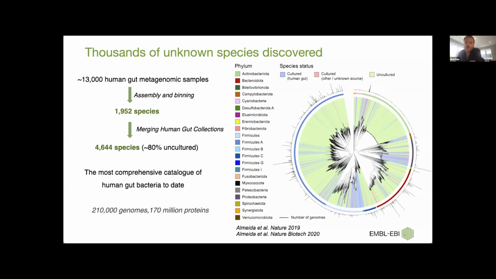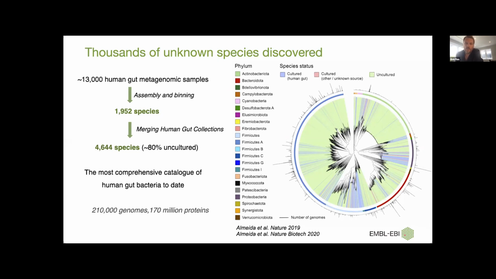We started with 13,000 human gut metagenomic data sets. We applied that assembly and binning process, and we identified nearly 2,000 species. From comparing against the reference databases, about 70% of those were yet to be cultured. We were not the only group conducting these large-scale analyses.